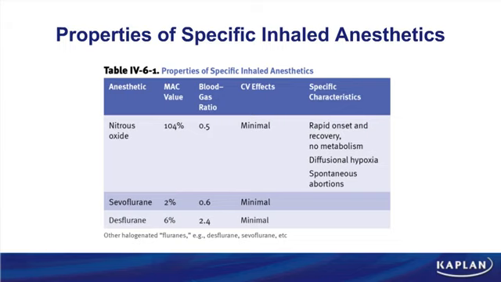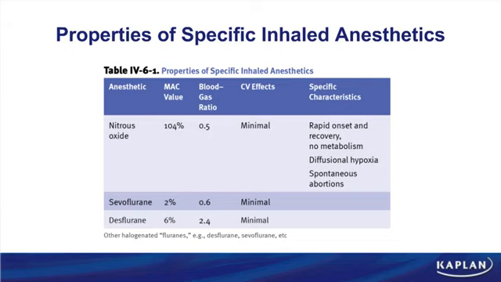The other inhaled anesthetics, drugs like sevoflurane and desflurane, they end in the letters flurane, F-L-U-R-A-N-E, indicating one of these fluorinated inhaled anesthetics. But if you focus on the last three letters, A-N-E, well, that's the first three letters of the word anesthesia or anesthetic. So nitrous oxide and the anes are your inhaled anesthetics.